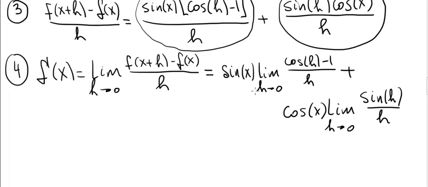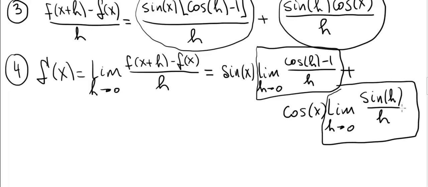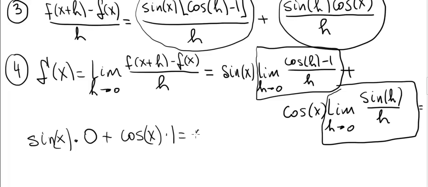Well, that's when we use our preliminary results. We show that this limit is 0, and this limit right here is 1. So this is equal to sine of x times 0 plus cosine of x times 1. And that, of course, is cosine of x.